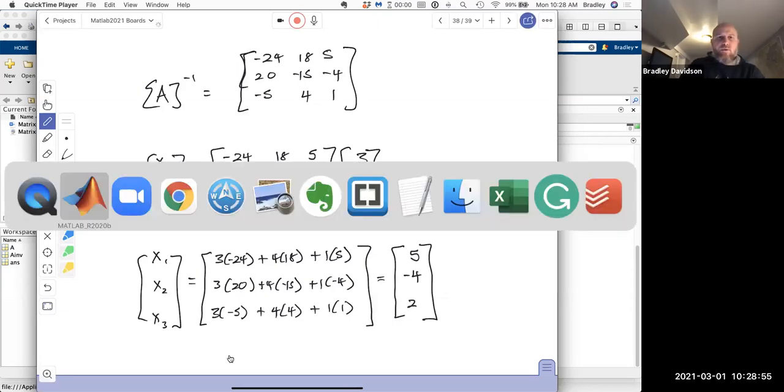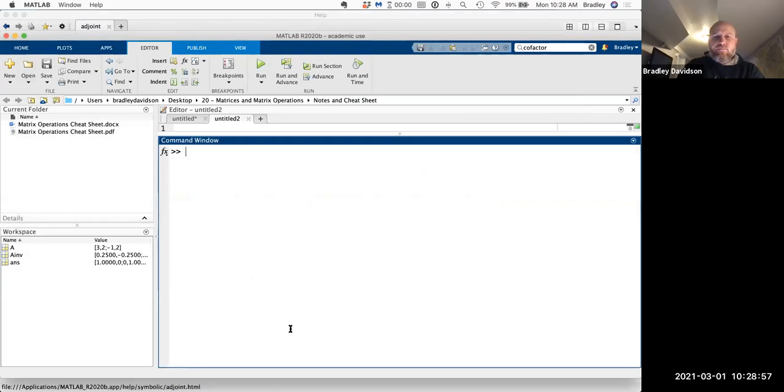Let's go to MATLAB. Let's create a new A matrix. And so our A matrix that we just worked with is 1, 2, 3, 0, 1, 4, 5, 6, 0. Let's make sure that's right. 1, 2, 3, 0, 1, 4, and then 5, 6, 0.